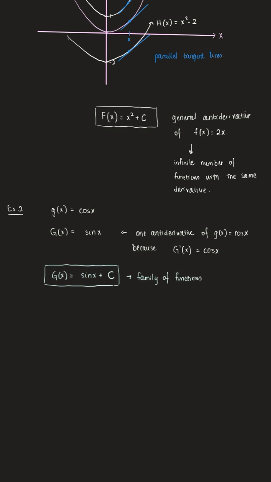So this is a family of functions whose derivative is cosine x. And of course, this family has an infinite number of functions with the same derivative. This entire family of functions is called the general antiderivative. Just a little bit of terminology: the general antiderivative represents the entire family of functions that share the same derivative.